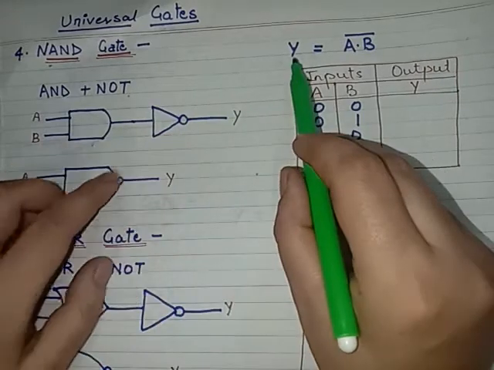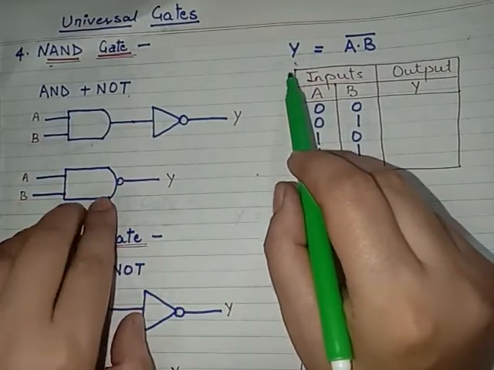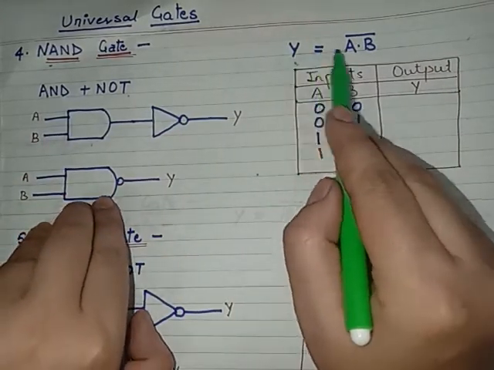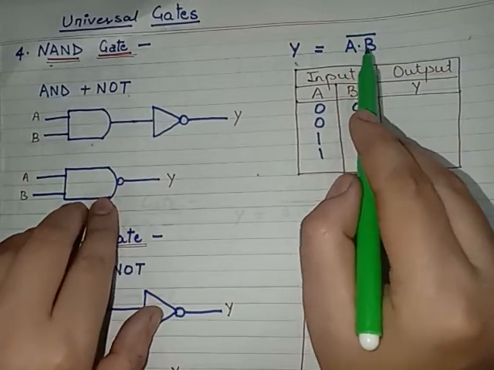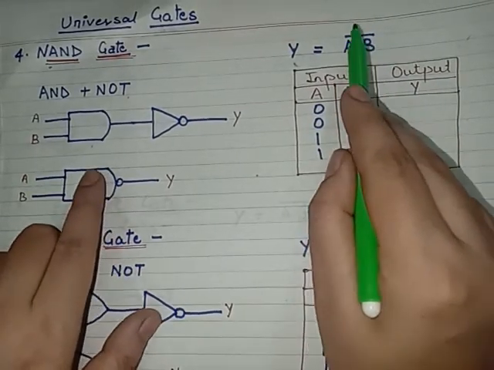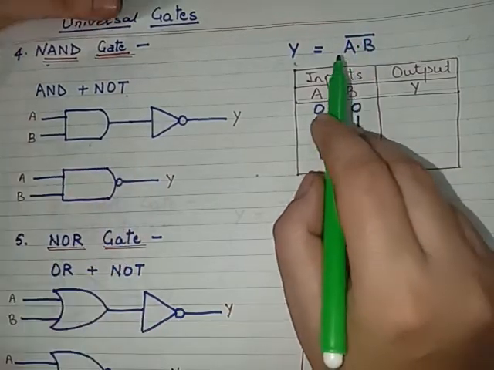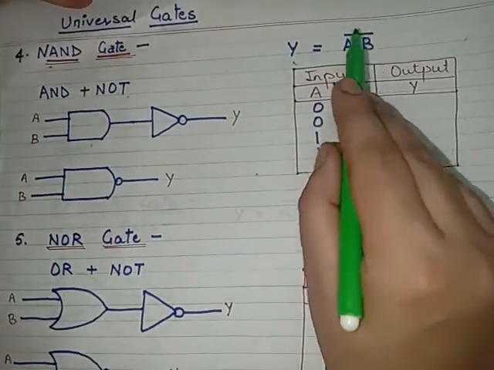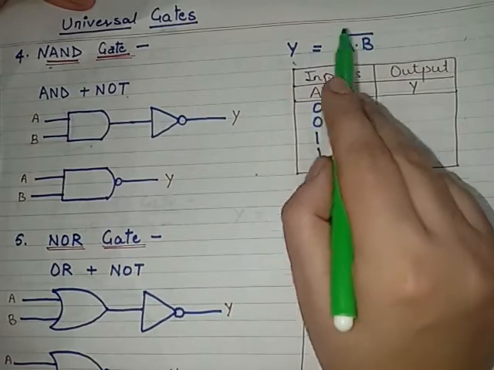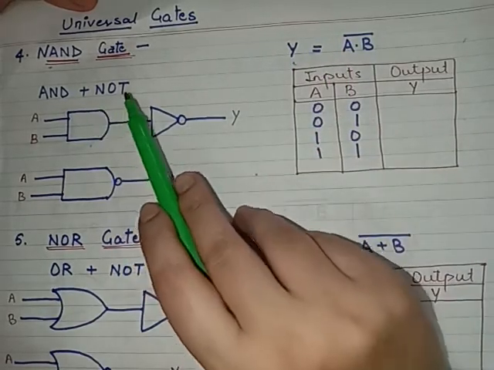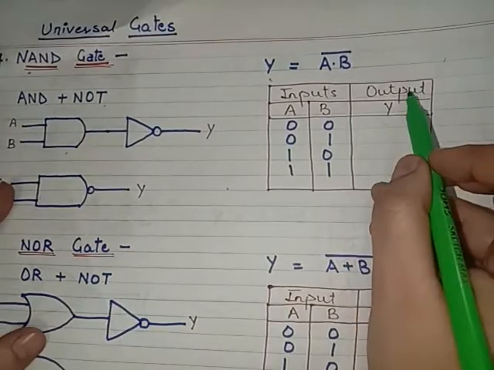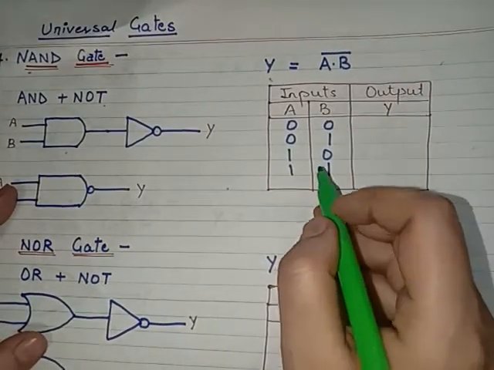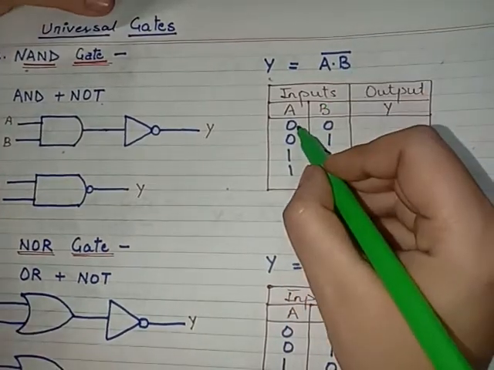So the operation will be y is equal to (a and b) complement, right? A and b for the AND gate and complement for the NOT gate. So the symbol and the relation will be the combination of both the AND gate and NOT gate.